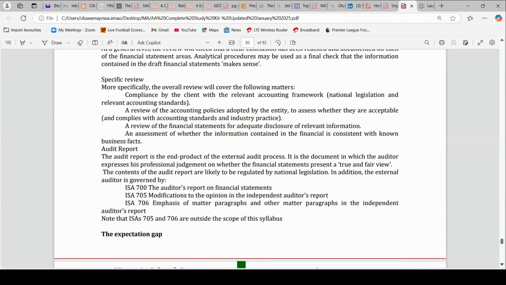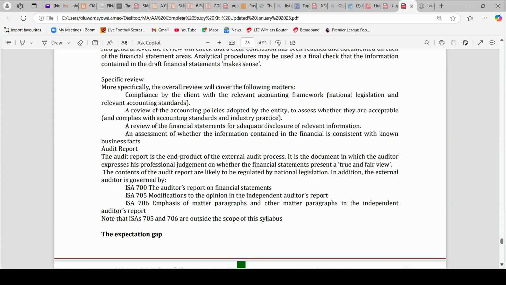But before we look at the audit report, quickly let's talk about the expectation gap. What do we mean by expectation gap? And what is the effect of the expectation gap? Now, in audit, most of the time when you hear people talk about auditors, they say they want to catch thieves.